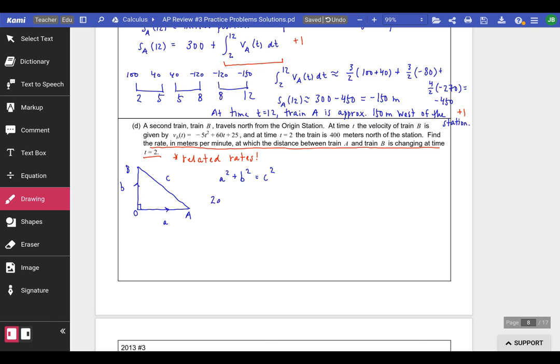So I'm going to get 2A times dA/dt plus 2B times dB/dt equals 2C times dC/dt. And to simplify things a little bit, I'm going to just factor and cancel. Since all the terms have a 2, I'm just going to get rid of those so I make my numbers a little smaller. They're big enough as it is.